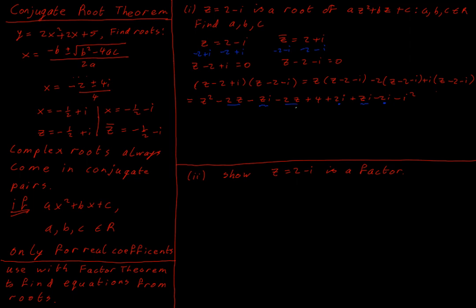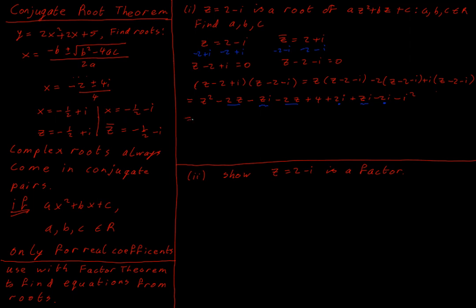I have a minus zi and a plus zi, so they are going to sum to 0. I'm going to have some stuff that sums to 0, and I'm going to have minus i squared, which is minus minus 1, which is plus 1.